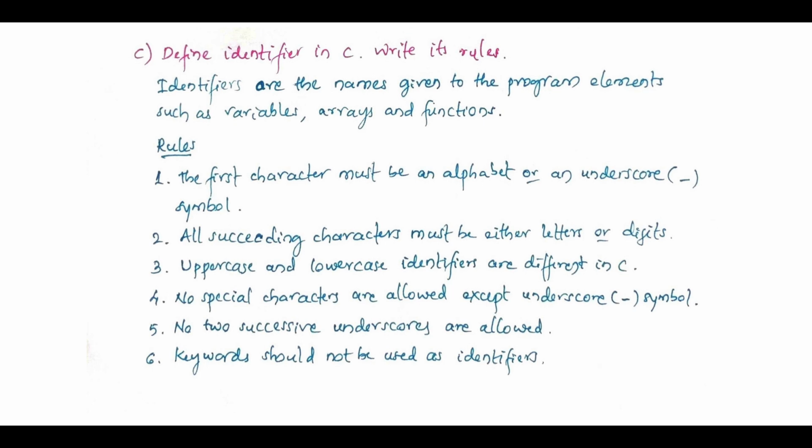All succeeding characters must be letters or digits, and as you know, uppercase and lowercase are completely different in C. No special characters are allowed except the underscore symbol. No two successive underscores are allowed, which means you cannot use two continuous underscores. And as you know, keywords should not be used as identifiers because they have their own meaning.